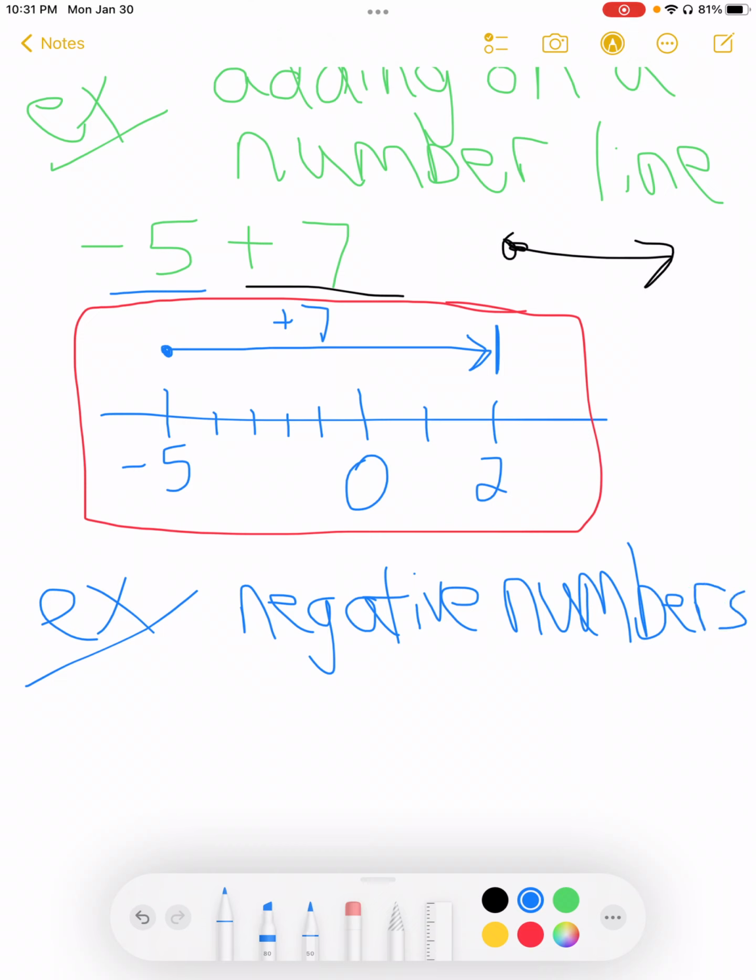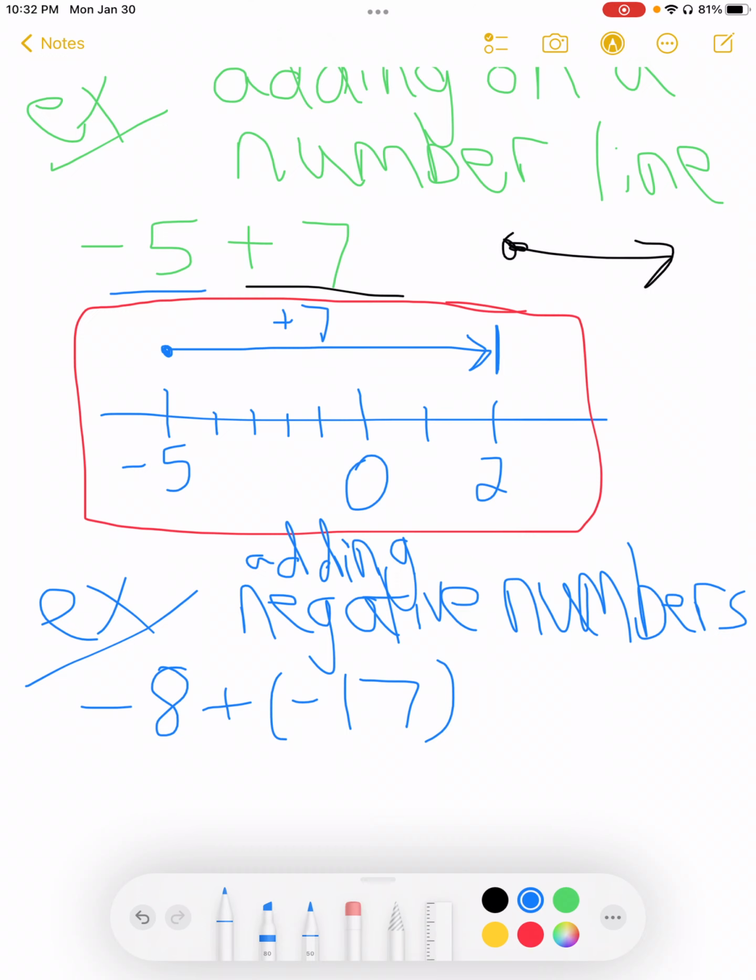If I'm adding negative numbers, there's plenty of other things we can do, but a lot of things we do with negative numbers. Let's just start with a simple one. So if I have -8, and then I say plus -17, I could use a number line for this.